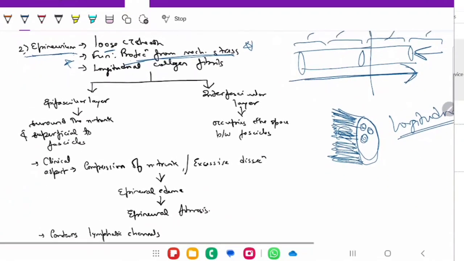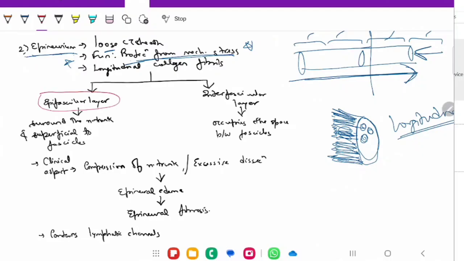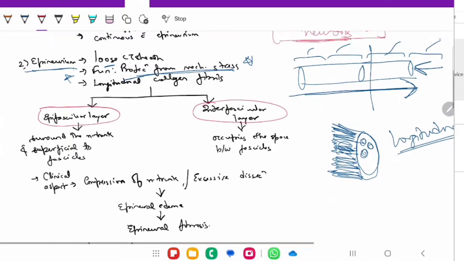Now epineurium consists of two components. One is epifascicular layer, another is interfascicular layer. What is epifascicular? Epifascicular means which is outside the fascicle. Simple. There is no tough concept in this. This is a fascicle. Anything of the epineurium outside the fascicle is epifascicular.